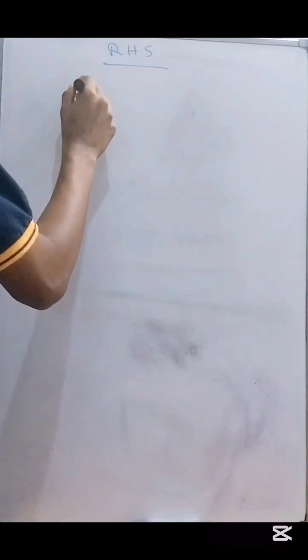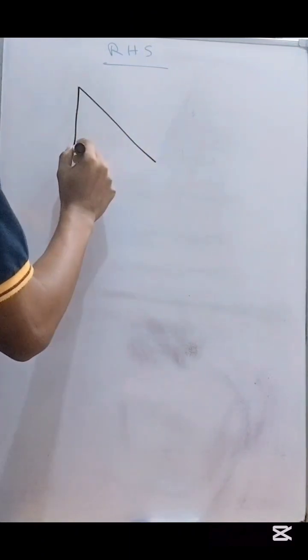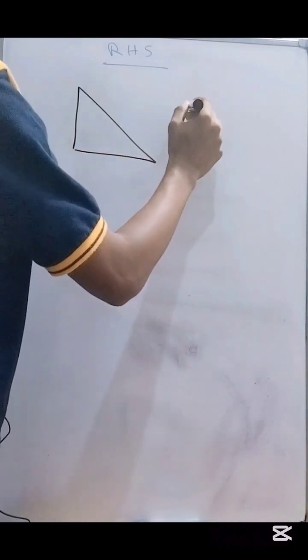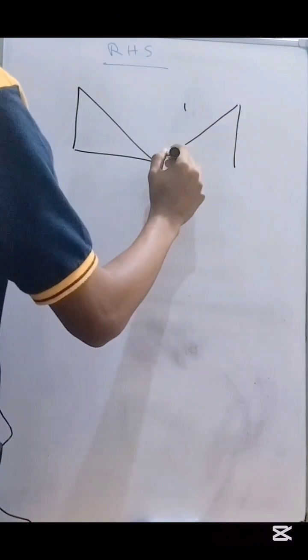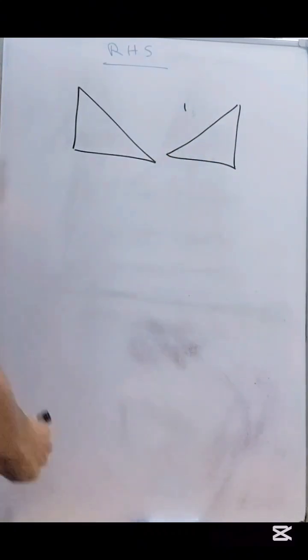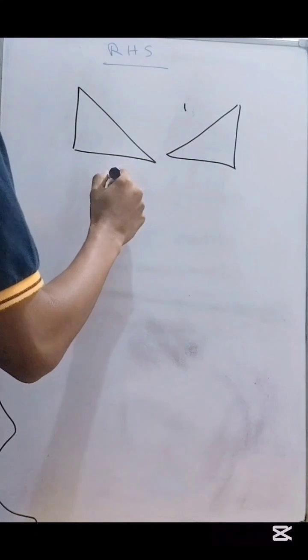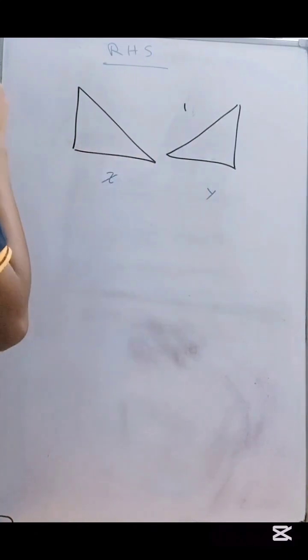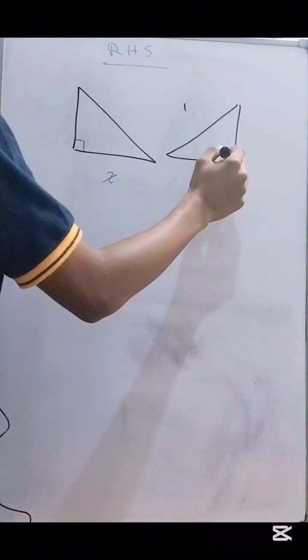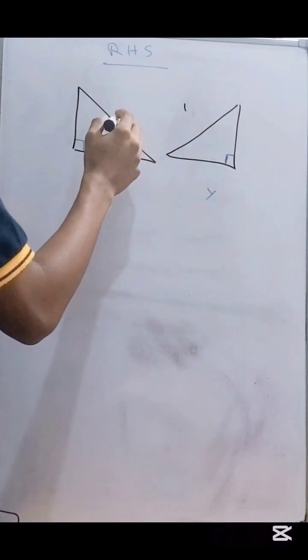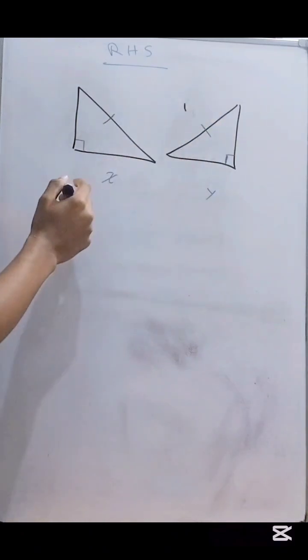Let's do the triangle X and Y. Hypotenuse are equal and the side.